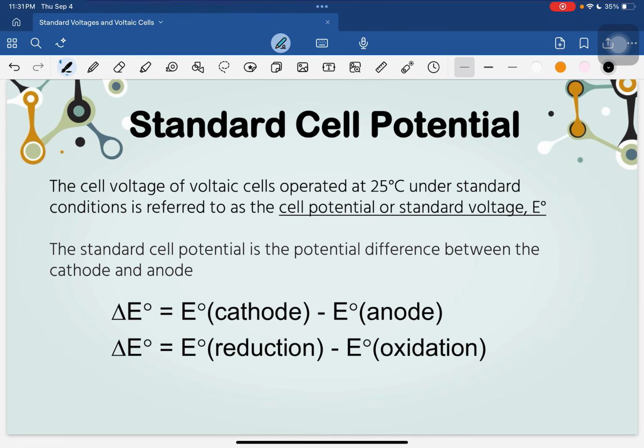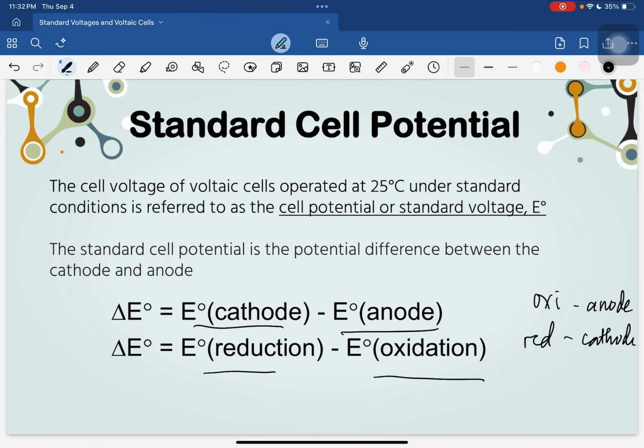So it's always the reduction side minus the oxidation side, or the voltage across the cathode minus the voltage across the anode. Remember, these are the pairs: oxidation, anode; reduction, cathode. Always remember that.